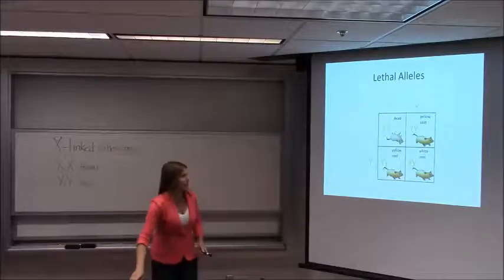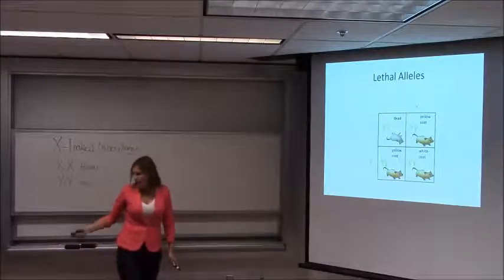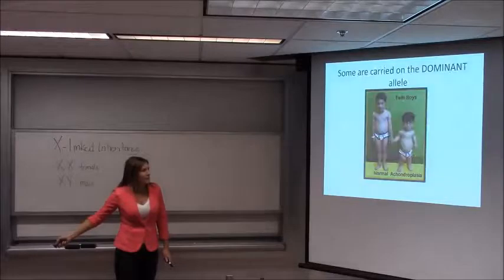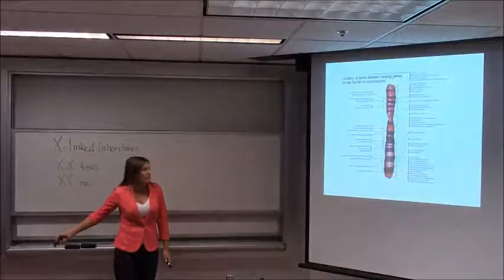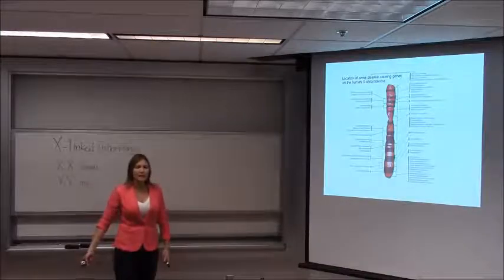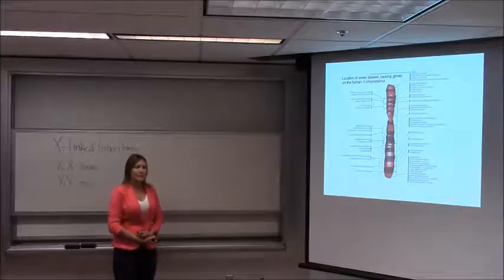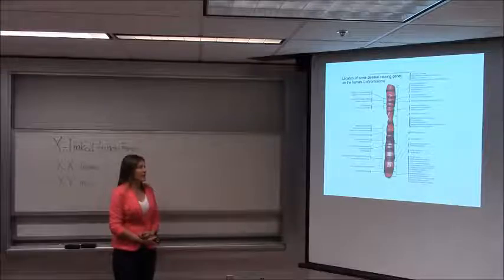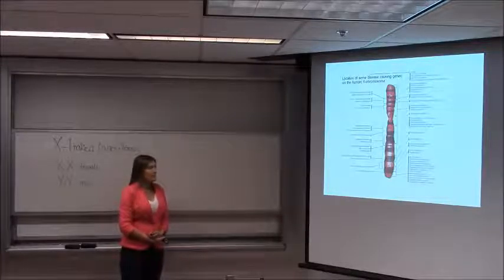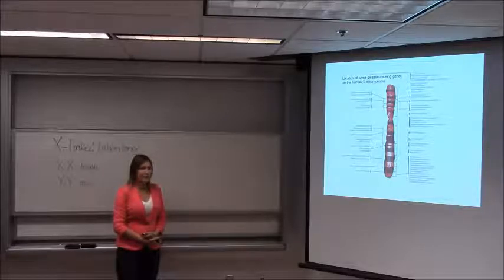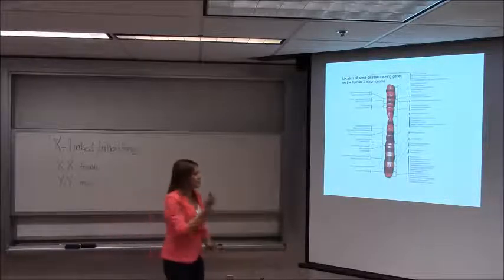I've got a slide that's back at the very beginning, so sorry for this, but I'm going to have to skip all the way forward again. Here we go. This is a partial map of the X chromosome and the disorders that are carried on this chromosome. And most of these have nothing to do with being male or female. In fact, all of them have nothing to do with being male or female.